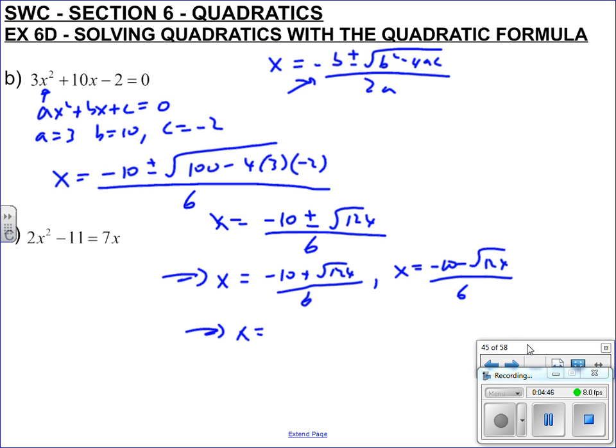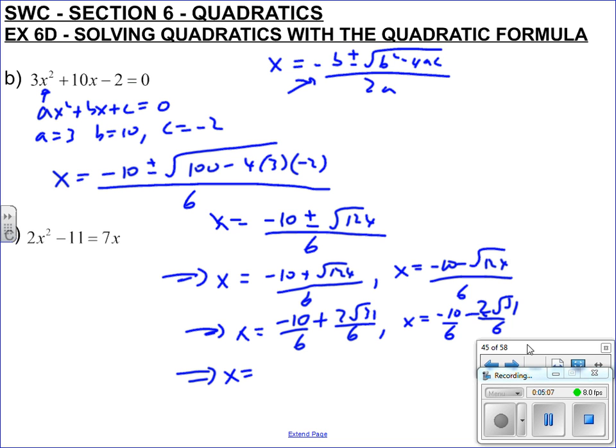It's 2 root 31. So if I split up the fraction, remember you can split up the tops of fractions. Okay, and x then is minus 10 over 6 and minus 2 root 31 over 6. That can be simplified down.